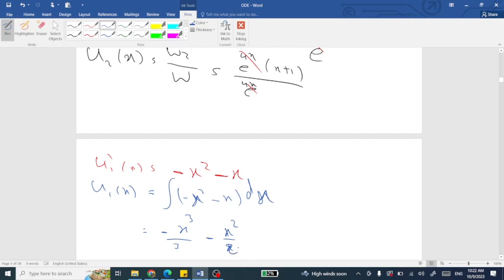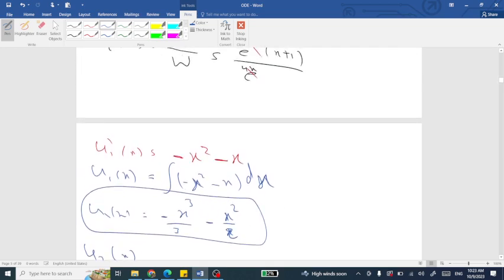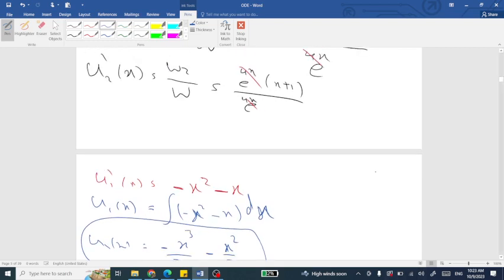Am I right? Clear. How about U2 is equal to what? Integral of here. So it's equal to what?